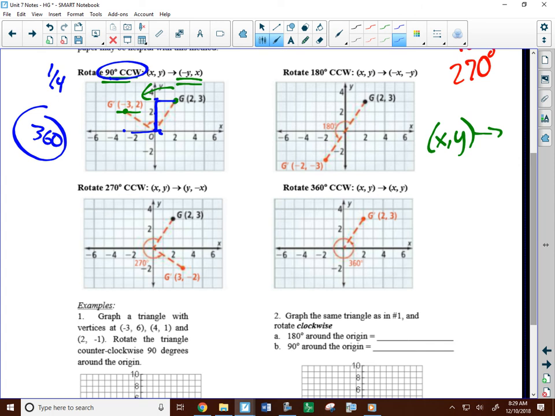I go one axis, 90 degrees will be this way, and I'm looking along this axis. I'm looking this direction, and I go up 3, right 2. So you can turn your paper and just go up 3, right 2. Now, if it was on the computer, you couldn't do that.